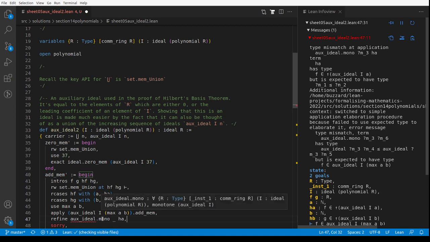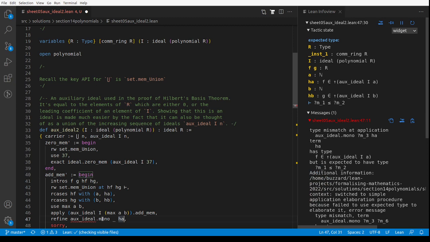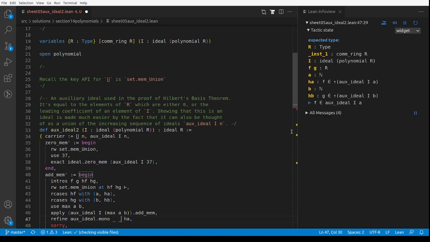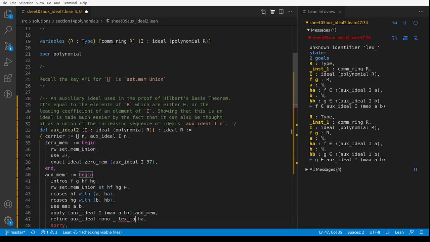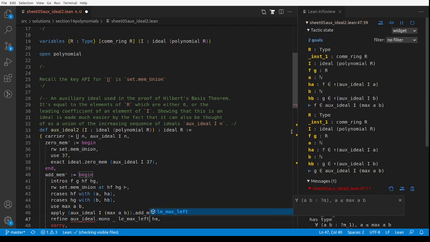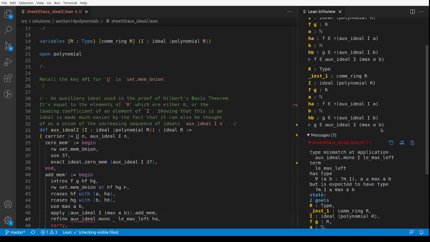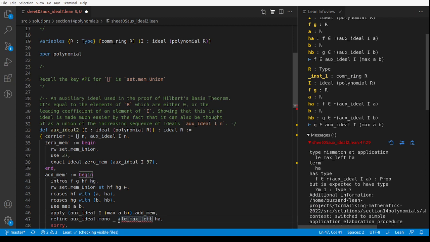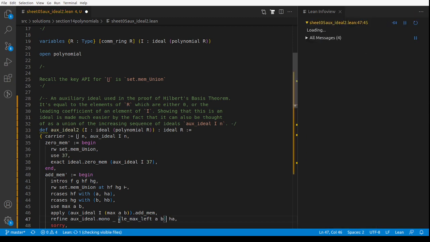Oh, there we go. I've got to prove that a is, that would be called something like le_max_left or something. Now it's complaining because le_max_left wants explicit inputs, so it's probably going to be a b.